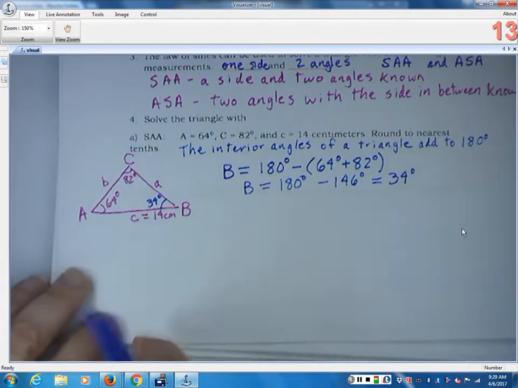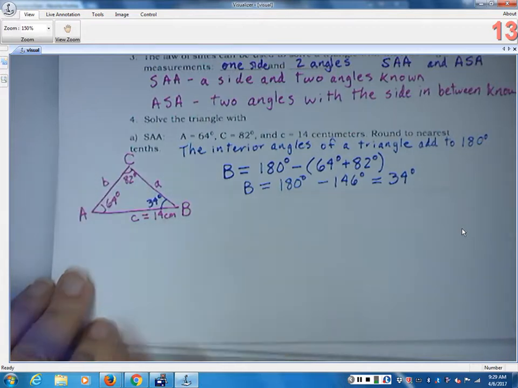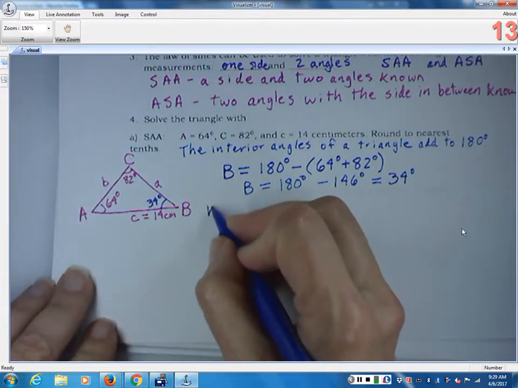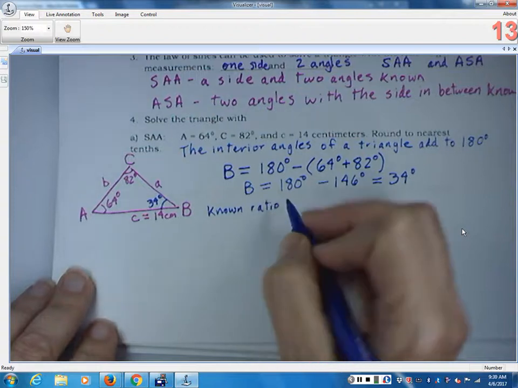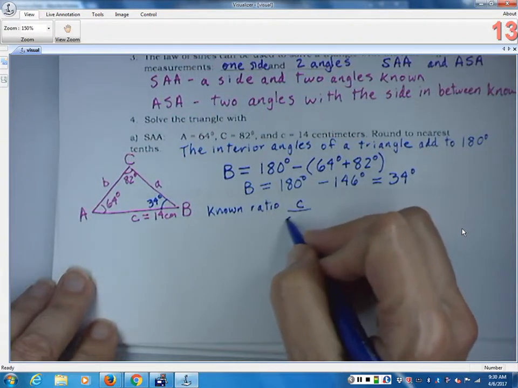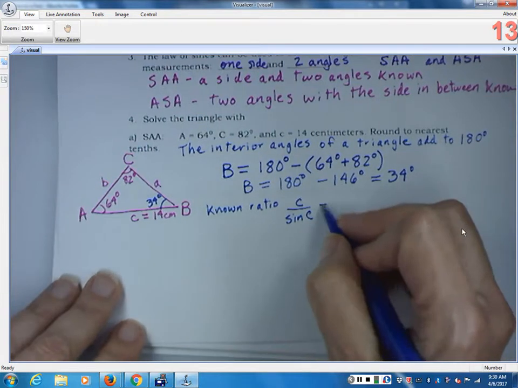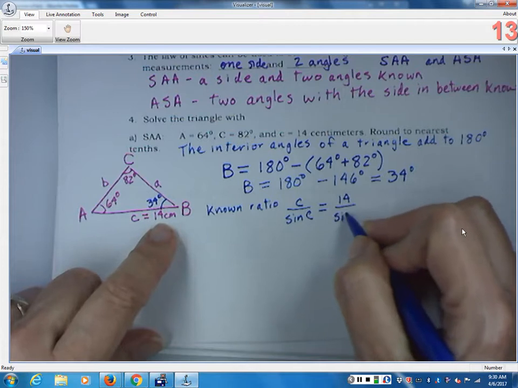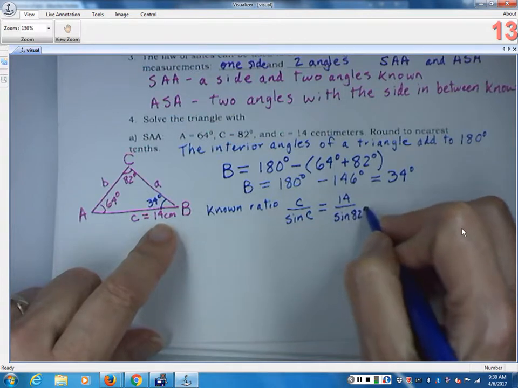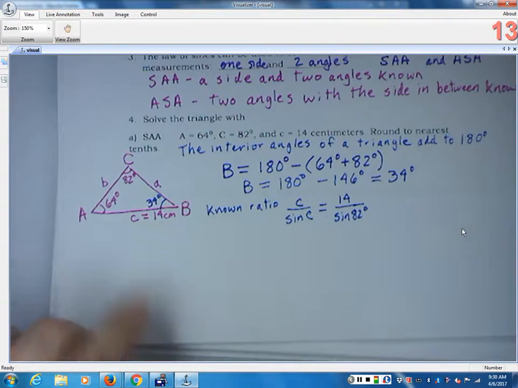Our known ratio is going to be 14 over, our known ratio is c over sine C. That's going to be 14 over sine 82. So we can find the other sides.